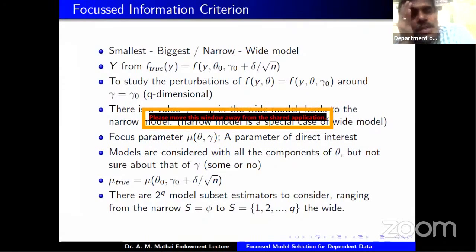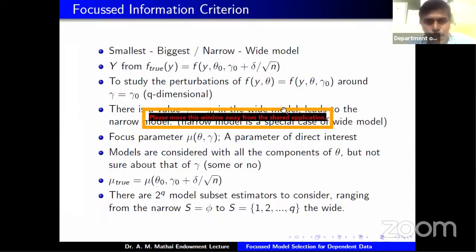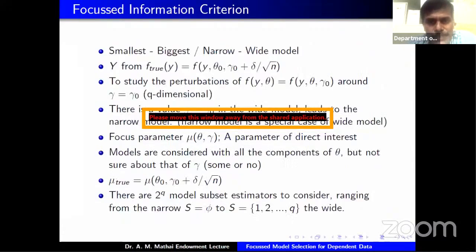So that's all. Let me now explain the context a little bit. The focused model selection: here there is a smallest model and a biggest, or narrow and wide, model. The smallest one is, for example, in this particular setup, where you can now see that there is a theta naught and I have put gamma naught plus delta by root n. And if this is not present, then I don't select any of these things.